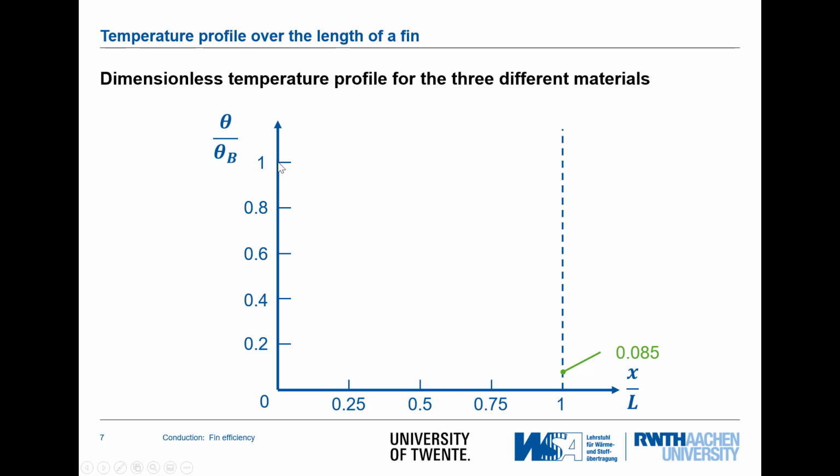So this is one important point, and then the other point is this 0.085, the difference between the bottom temperature and the temperature at the tip of the fin. And now we can draw the line, not very complex. We have the two points, exponential decay, a 0 gradient here, and we get to this curve.